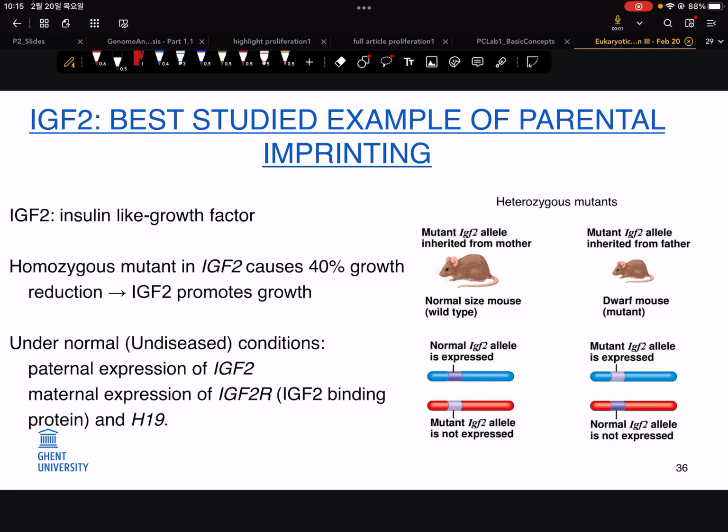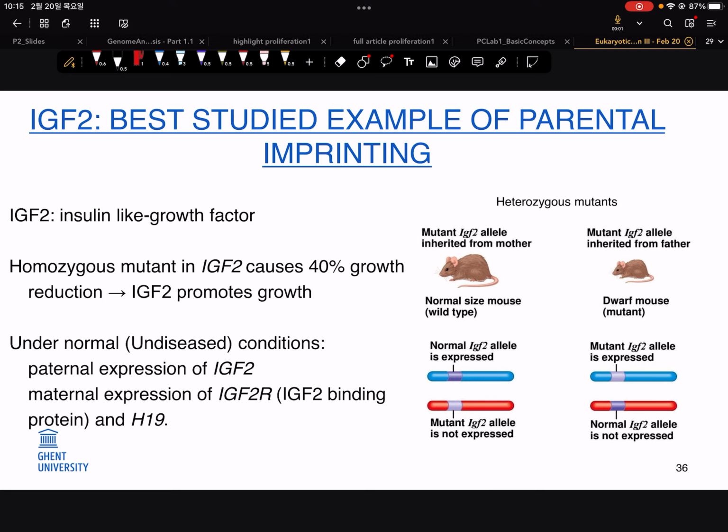So let's go to IGF-2. That's the best studied example of imprinting in humans, in mice, in many mammals. And I will try to give you an overview of what it does and how this imprinting works. IGF-2 stands for insulin-like growth factor.